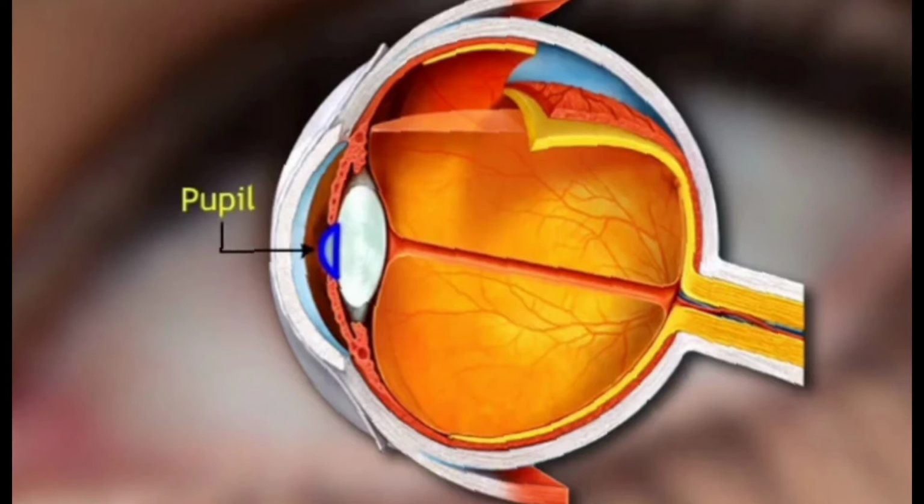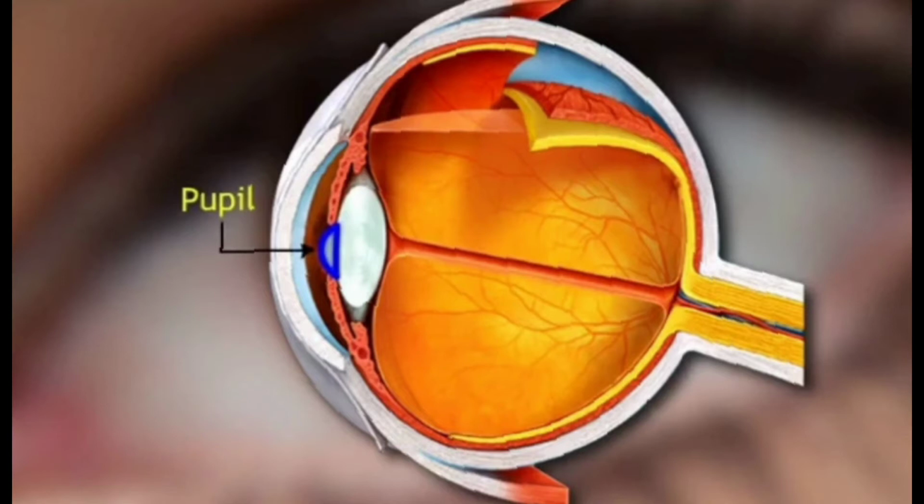It is a small hole of changing diameter. So in the center part of the iris you have the pupil. You must have seen that there are two small circles inside your eyes. The bigger circle is the iris and the smaller circle is the pupil.